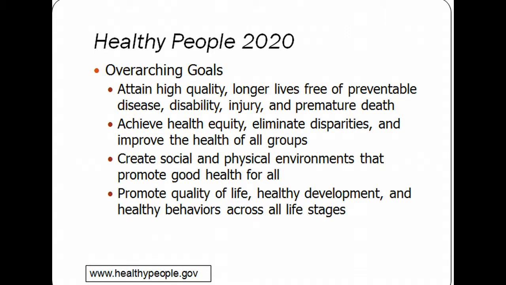You're probably also familiar with Healthy People, again through Health 300 and classes with Dr. K. These are the overarching goals of what we're trying to do and to get people to live longer and to live better. Health equity, eliminate health disparities. That's where one population is going to be disproportionately affected by a certain chronic disease than others.